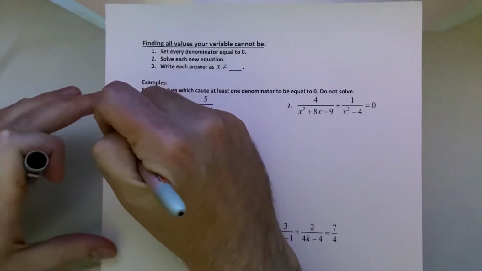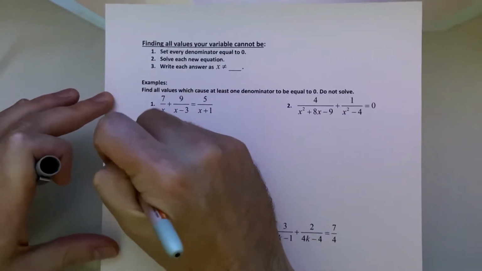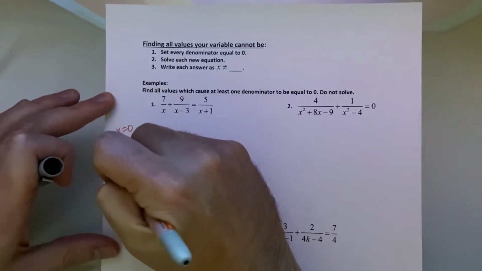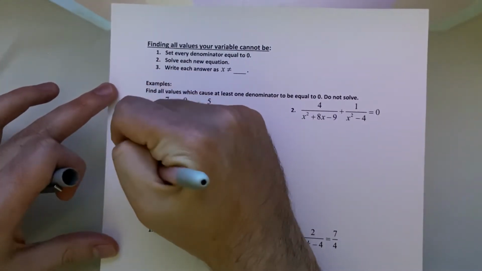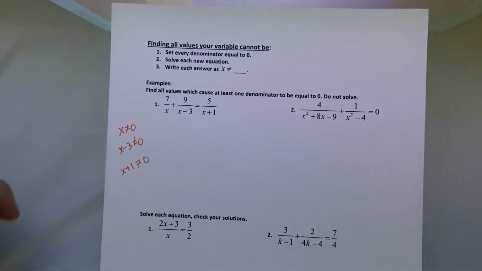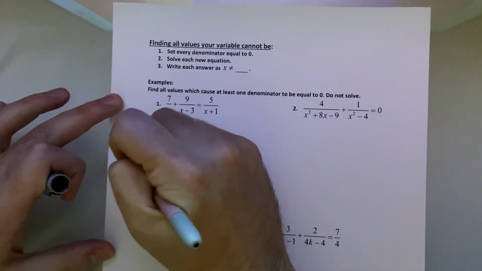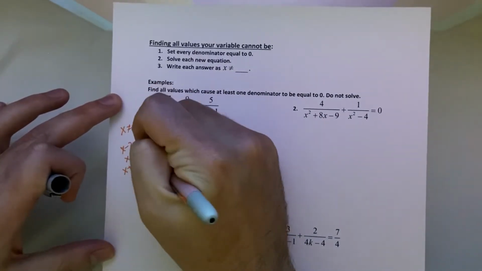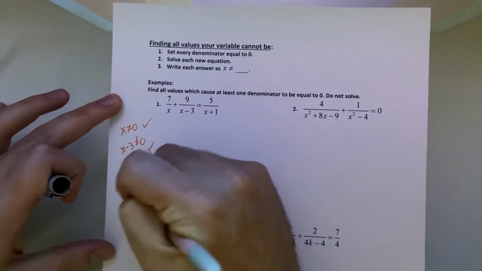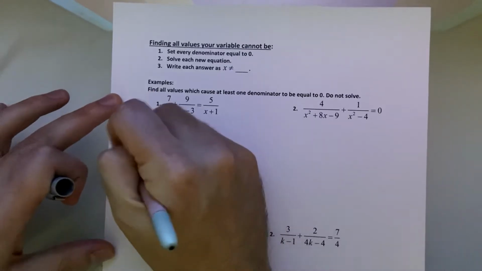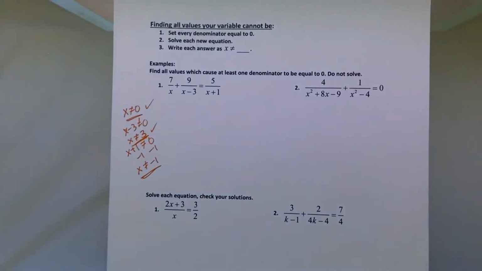So x is equal to 0, x minus 3 equals 0, x plus 1 equals 0. And these are all things x can't be, so we could put a not equal to 0 and still treat the equations the same. Add 3 to the other side, x can't be 3. Subtract 1, x can't be negative 1. So what this is really saying is that x can't be 0, 3, or negative 1 because it would make one of our denominators divide by 0.